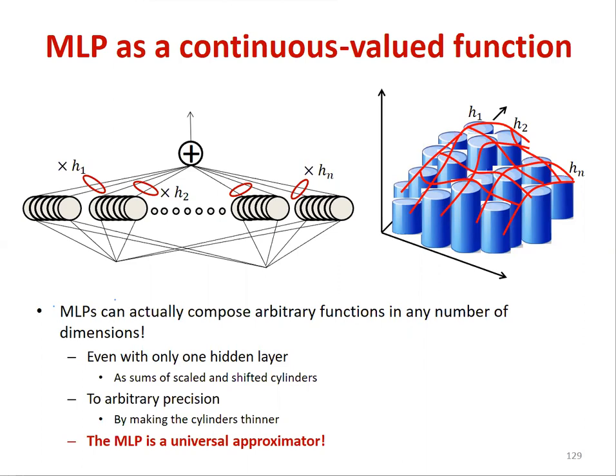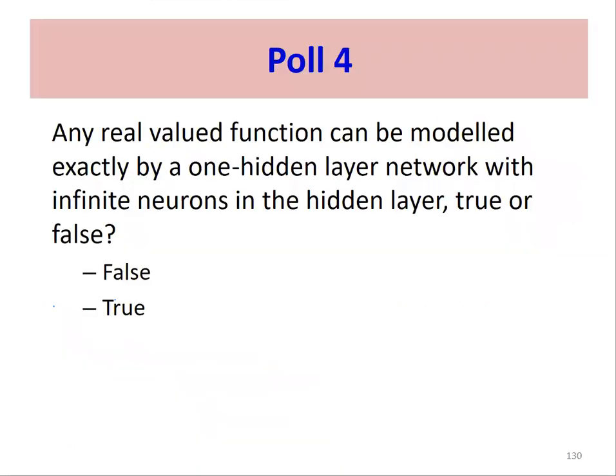And so MLPs can actually approximate arbitrary functions in any number of dimensions, even with just one hidden layer, to arbitrary precision. So an MLP is a universal approximator. You give me a function, I can approximate it to the precision you want. And I can do that even with just one hidden layer. But if I have only one hidden layer, I'm going to need lots of neurons, right?